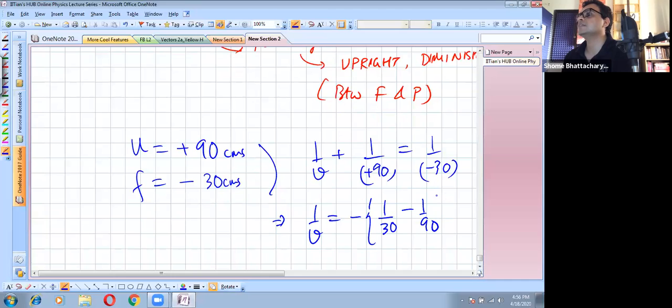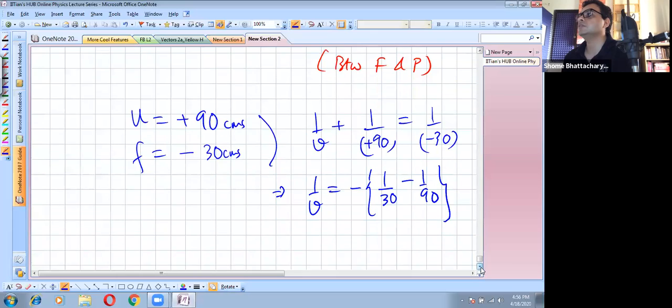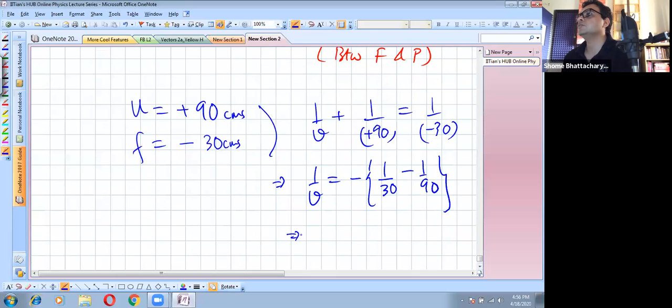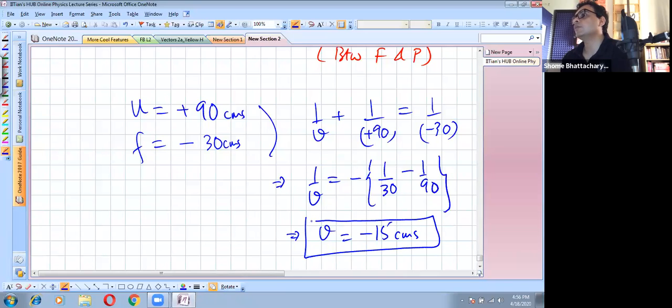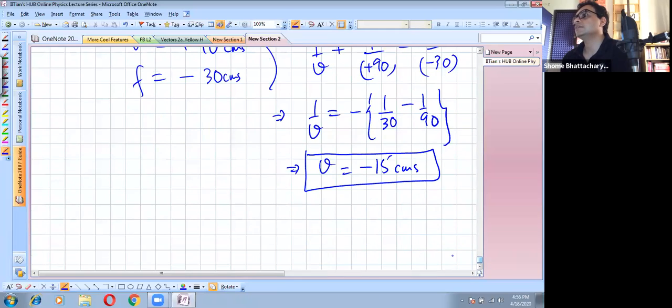If you take the minus sign common, or you can write it as minus 1 by 30 plus 1 by 90, whatever. So you will get over here how much? You will get 3 minus 1. So 2 by 30, so you will get V as minus 15. So in fact, in this case, it's exactly at the midpoint of the focal point and the center and the pole. Okay, so you're getting the magnification factor in fact as minus V by U.